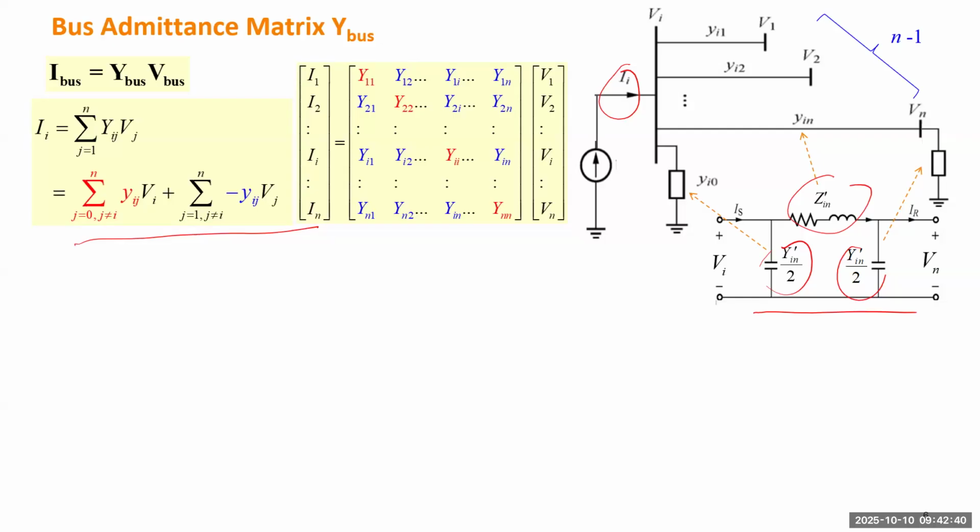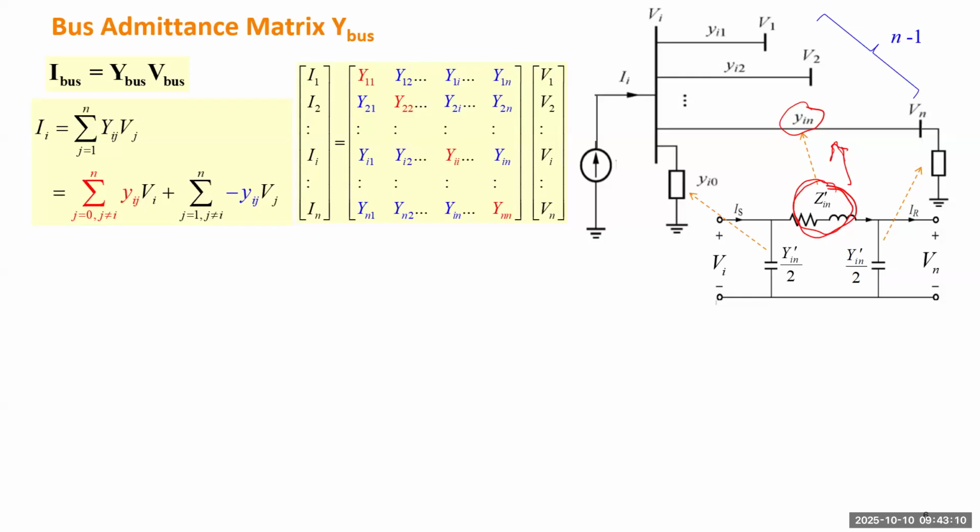So when we create this pi model, for the impedance, we change it to admittance and assign it to this branch. In our standard network, we have admittance Y between bus i and bus n, and that value will be the reciprocal of this impedance.